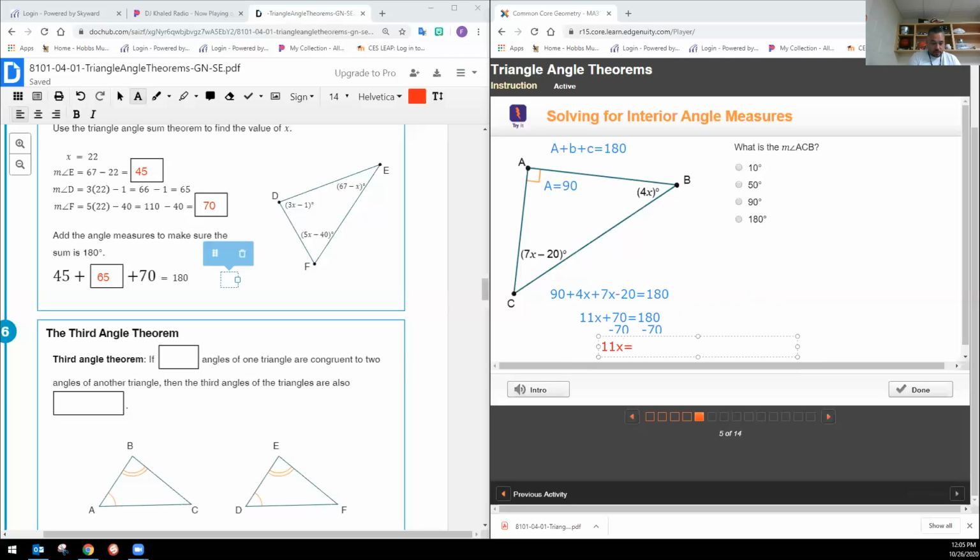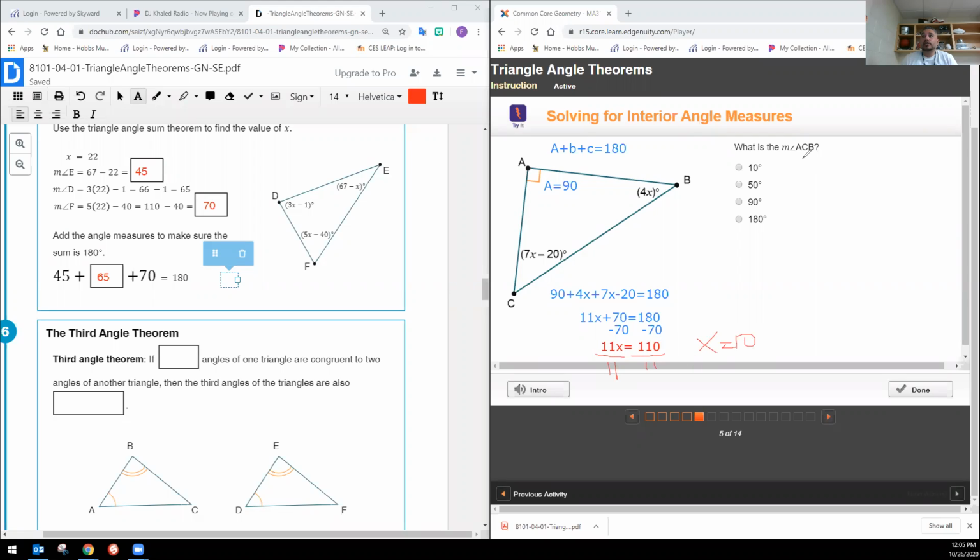Now I have to divide both sides by 11. X is equal to 10, because 110 divided by 11 is 10.